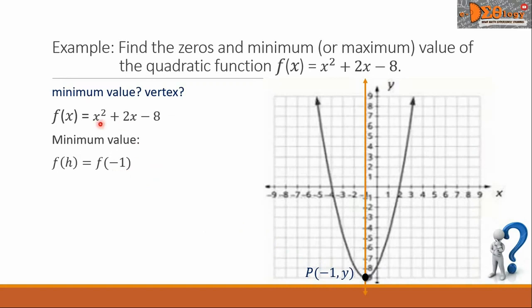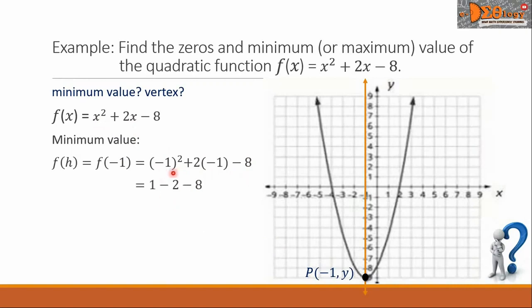So every time we see an x here, we will change by negative 1. So here we go. So the x squared becomes negative 1 squared plus the 2x now becomes 2 times negative 1. And we simply copy the constant, negative 8.